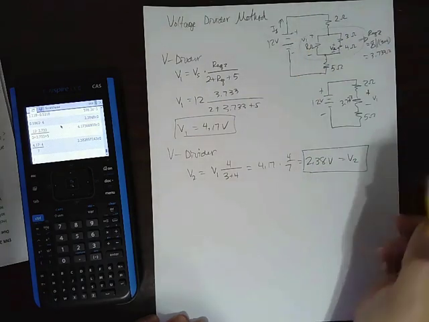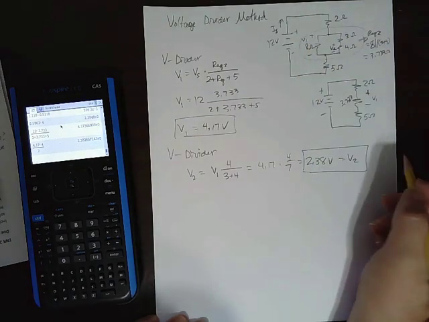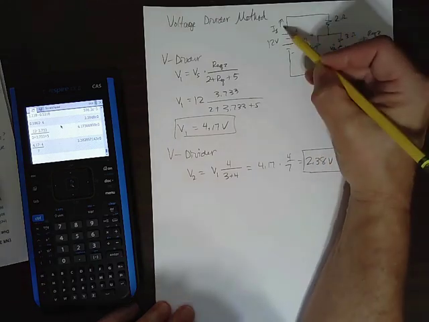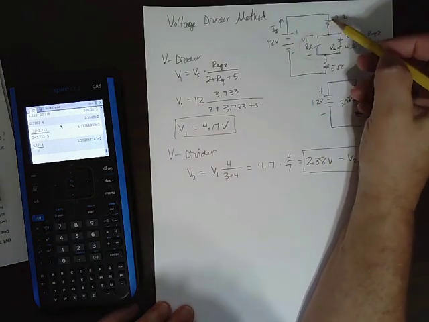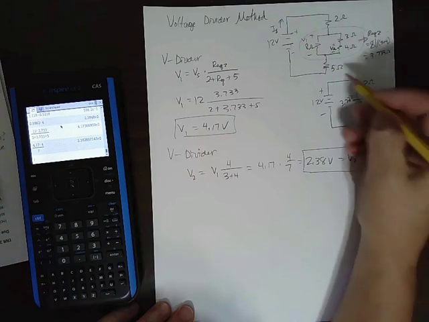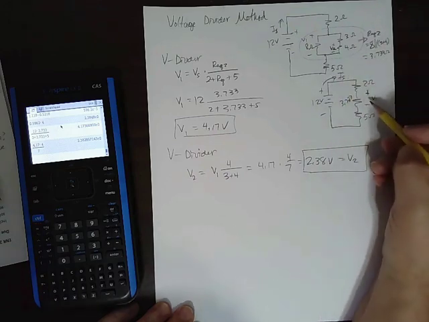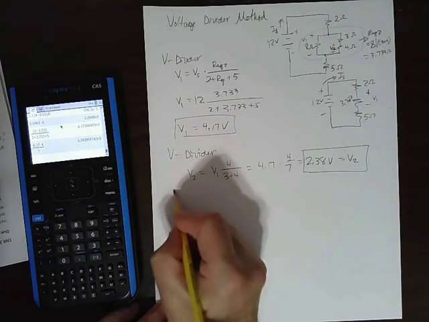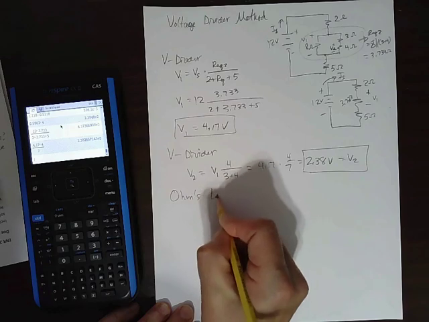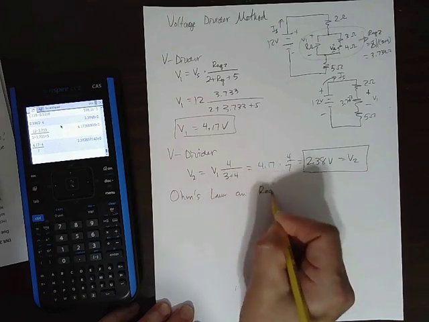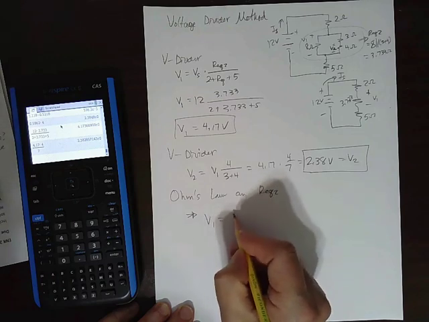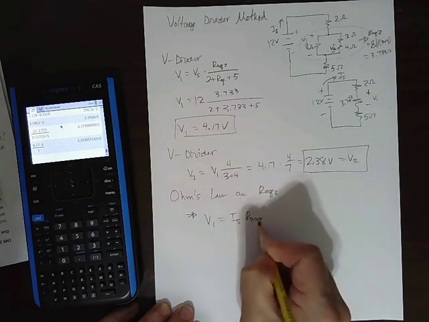So we still need to get IS. So how can we get IS easily? There are lots of different ways to get IS, but IS is the current in this circuit. But we know the voltage of this equivalent resistor, and we know its resistance, so let's use Ohm's law for that one. Ohm's law on R2 equivalent says that V1 equals IS times R2 equivalent.